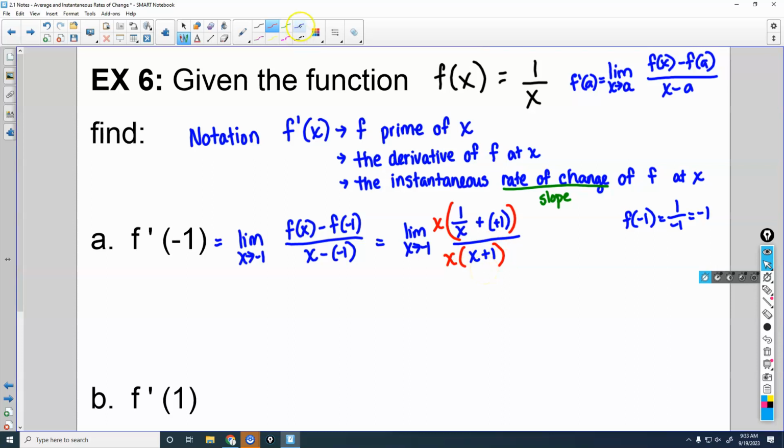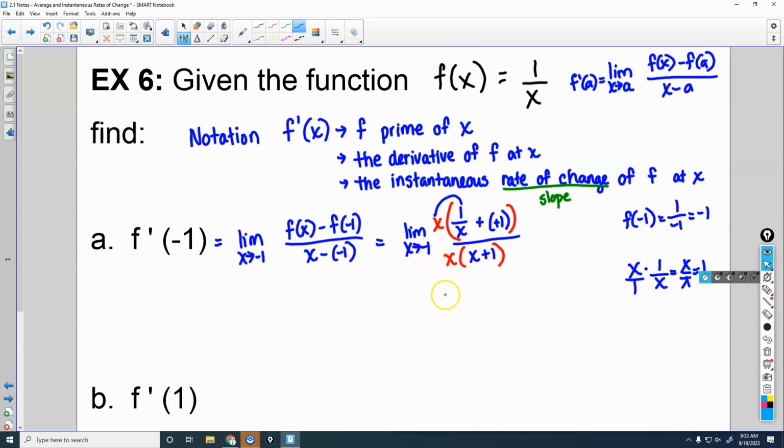The reason that works so nicely is because when I do x times 1 over x, I just get 1, because this x right here is like x over 1. Those x's cancel, or you're going to have x over x, which just does equal 1, right?